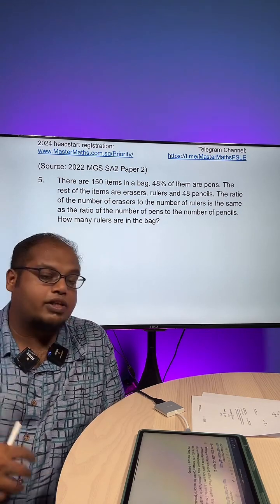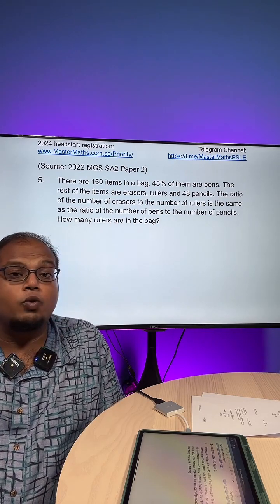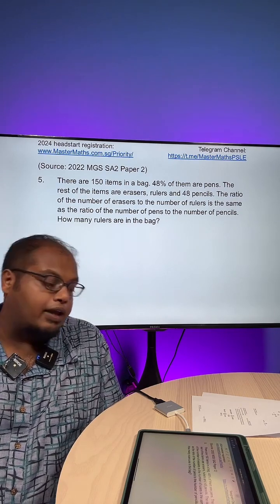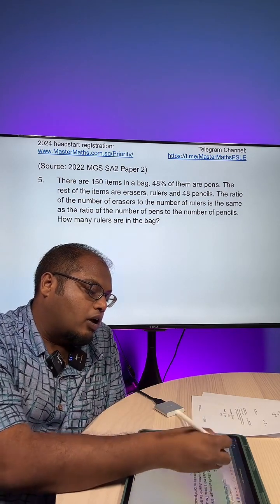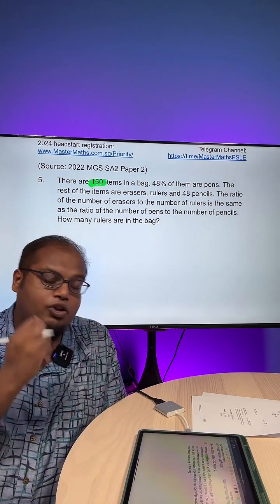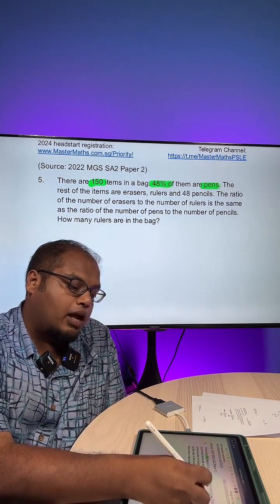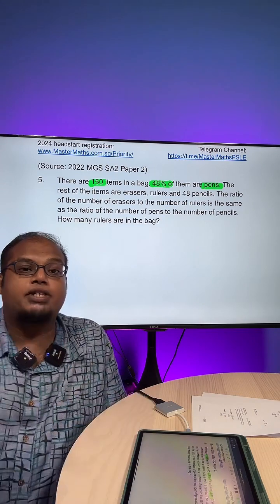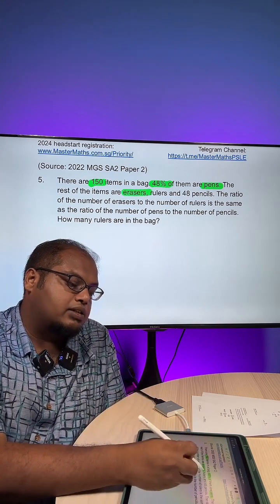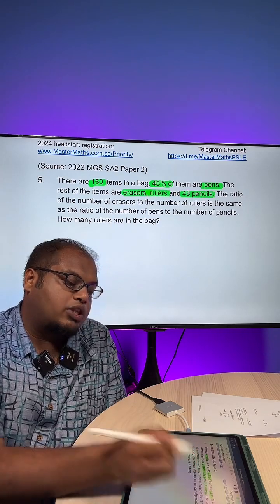So let's read the question first before I let you all try. This is another paper 2 question. There are 150 items in the bag. So they start off with 150. 48% of them are pens. So the remaining items are erasers and rulers and 48 pencils.